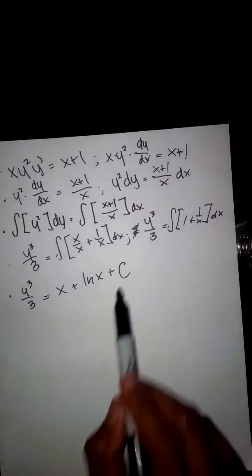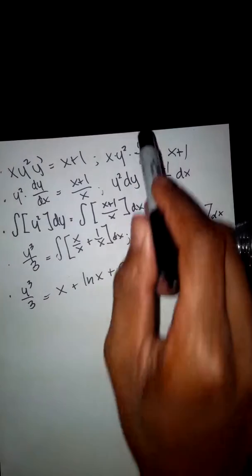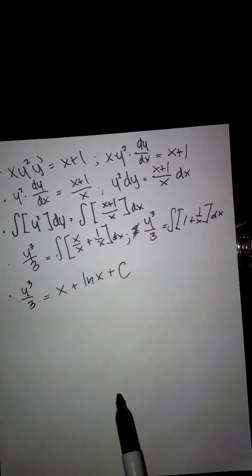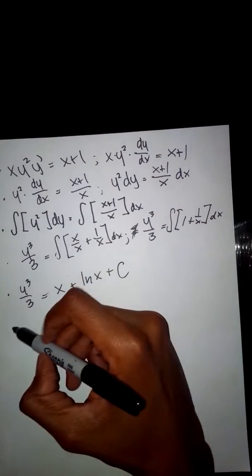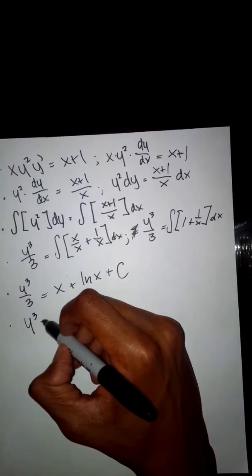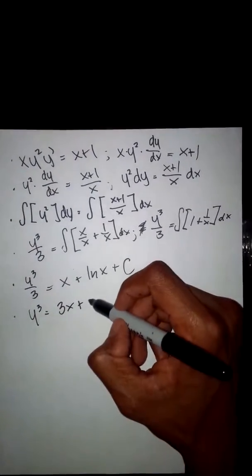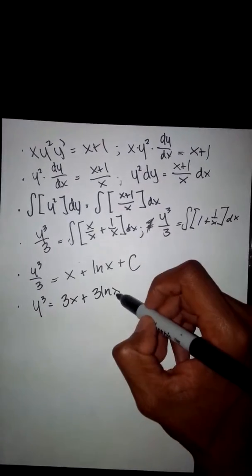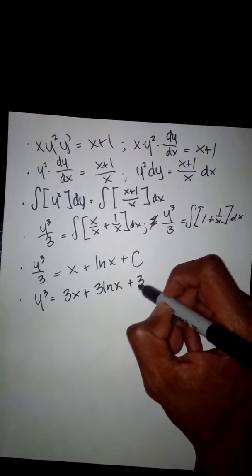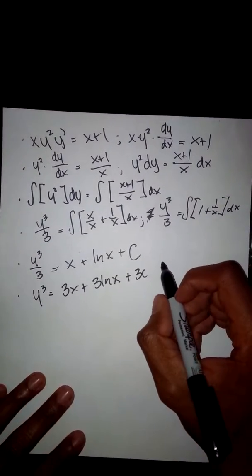Now, remember, the whole goal is we're trying to find the original function, which is going to be y, right? So we're going to solve for y by multiplying both sides by 3 and get y cubed is equal to 3x plus 3 ln x plus 3c, right?